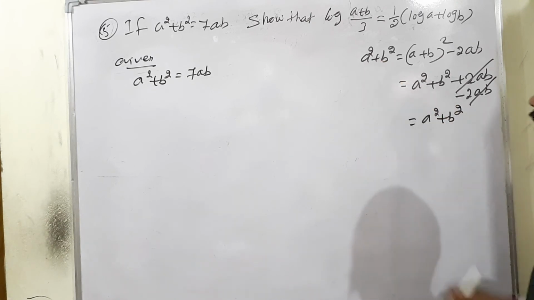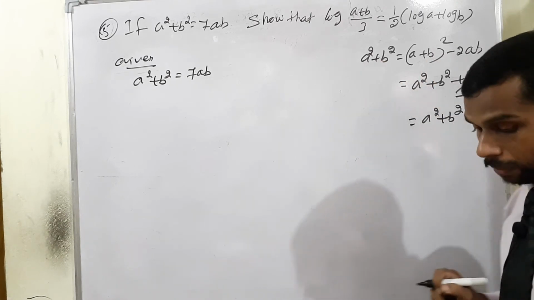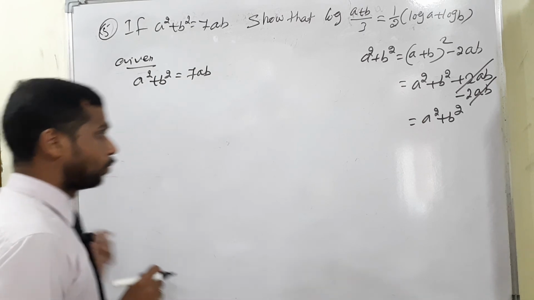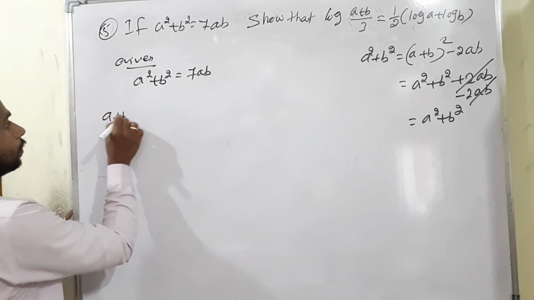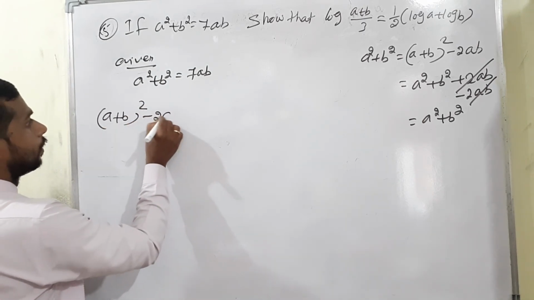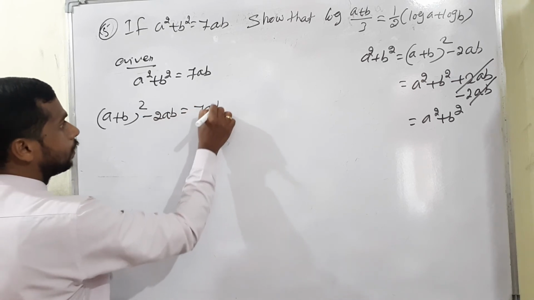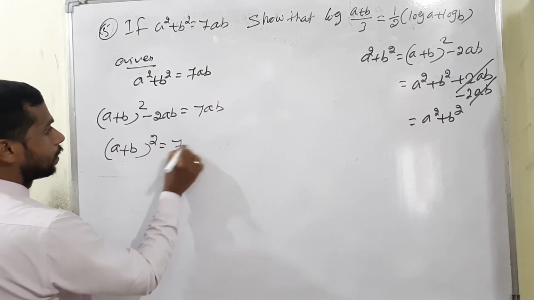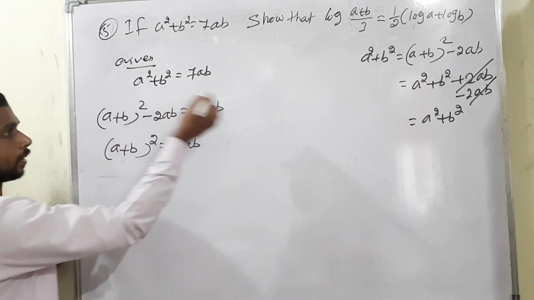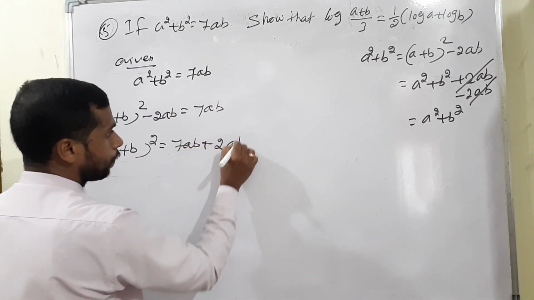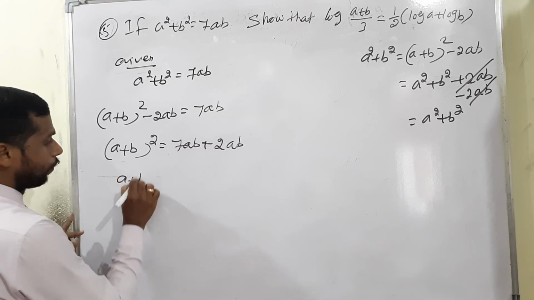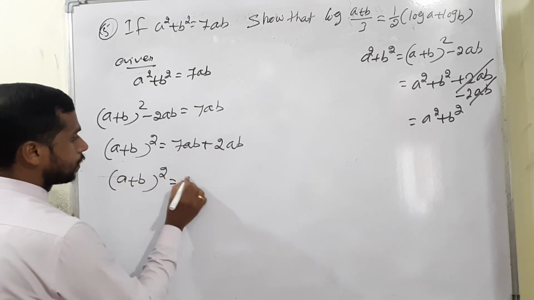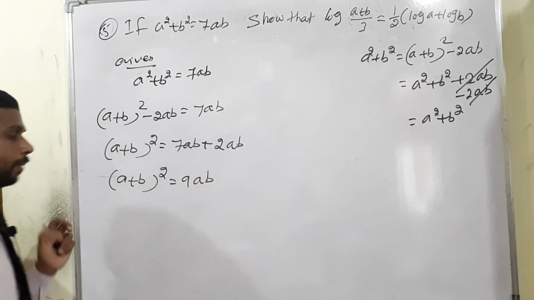So instead of a square plus b square we can write (a plus b) the whole square minus 2ab. So (a plus b) the whole square minus 2ab is equal to 7ab. Again, (a plus b) the whole square is equal to 7ab plus 2ab, bringing it to the opposite side it becomes positive 2ab. Therefore (a plus b) the whole square is equal to 9ab.